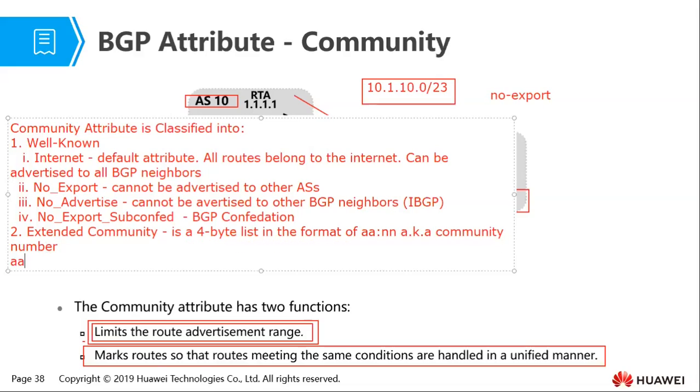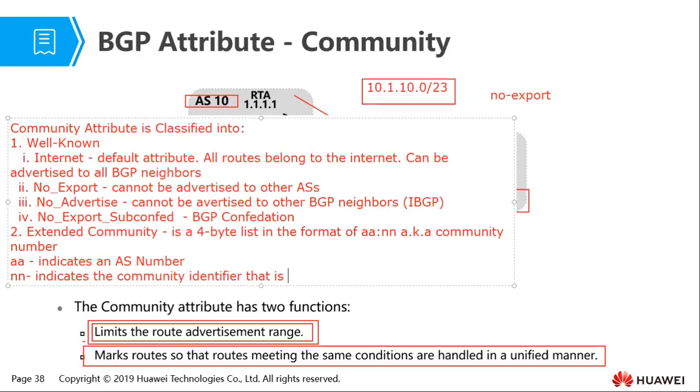Now, what does AA mean? AA indicates an AS number, while NN indicates the community identifier that is defined by the administrator.